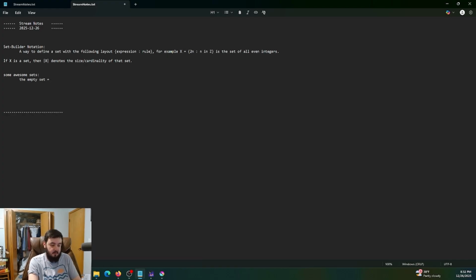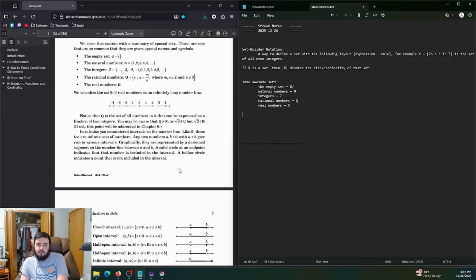Set. No way that I can write it in here, but integers Z, rational numbers is Q. Real numbers is R. Look at that, the infinitely long line.